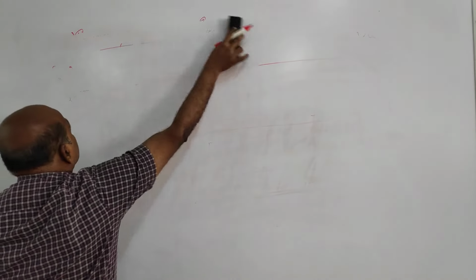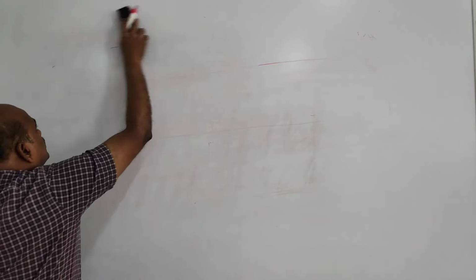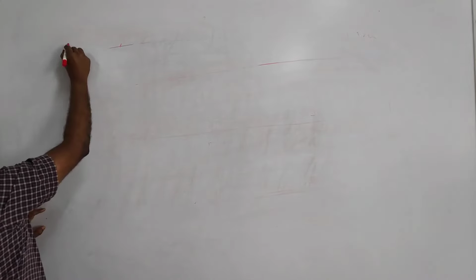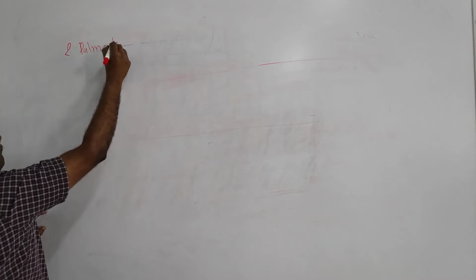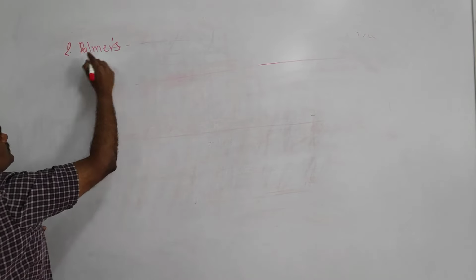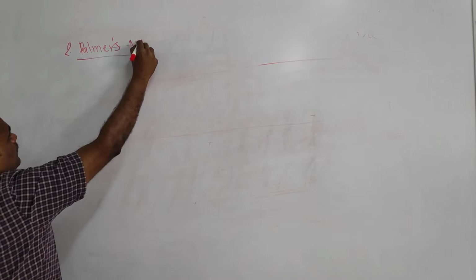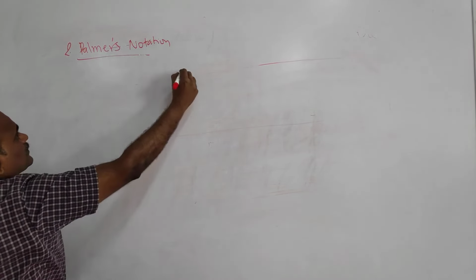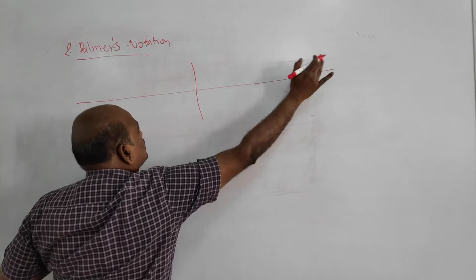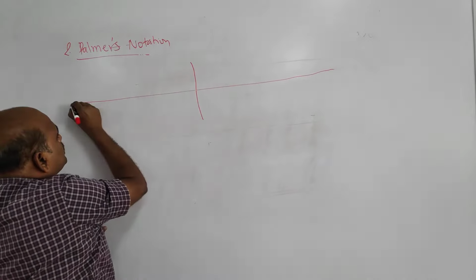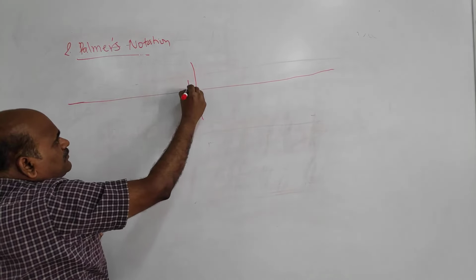Then comes the second method, that is Palmer's notation. What is that? Again, for permanent teeth, here instead of up to 32 numbers, to make it easier, only up to 8 numbers are given.